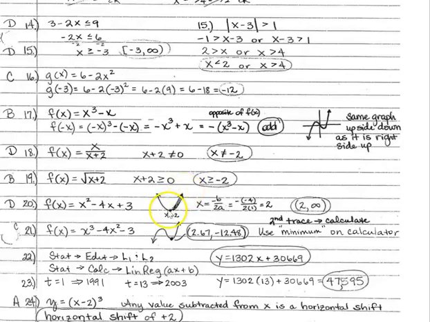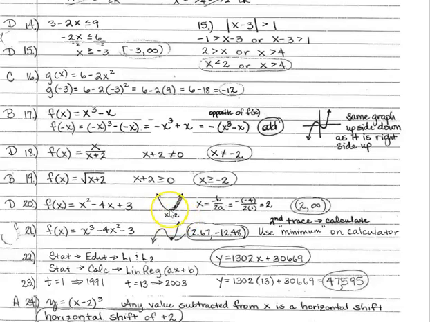So it's increasing from its minimum off to positive infinity. I need to find the minimum, which occurs at the vertex. So all I need to do is negative b over 2a. That would be negative 4 over 2 times 1. Negative negative 4 is positive 4 over 2, so that would give us positive 2.